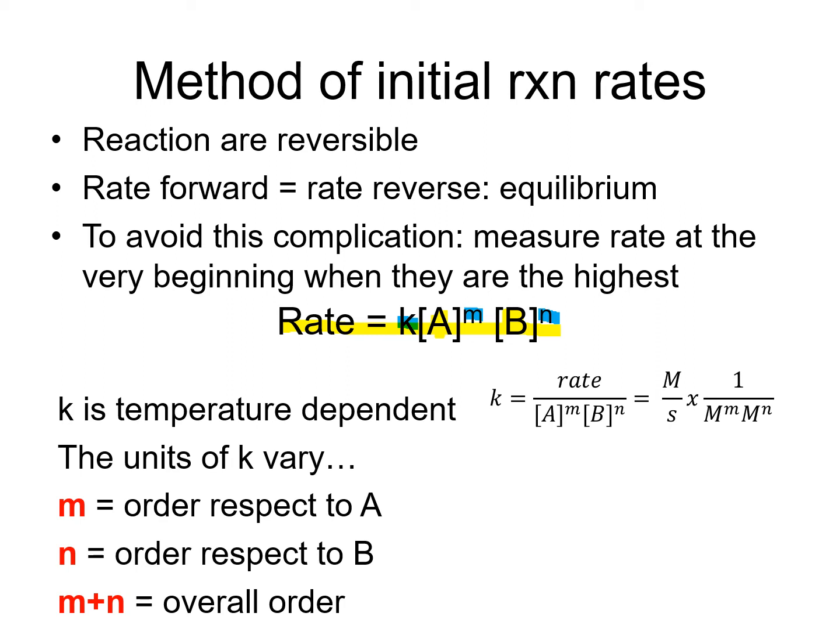The rate is molarity per second, and A and B are also molarity, but depending on what you have as an exponent, the simplification is going to give you different results. So the unit of k does depend on the overall order of the reaction. That means that sometimes you can get questions where you're given the value of k with the units, and they may expect you to figure out what order the reaction is based on the units. I will not do that.